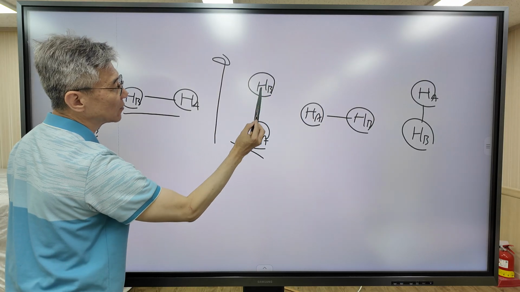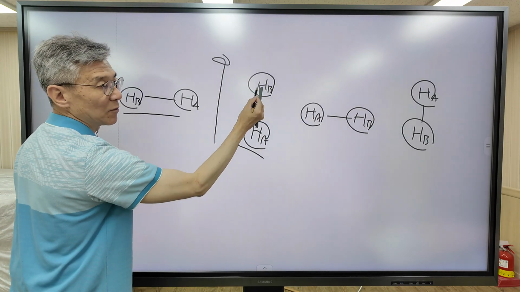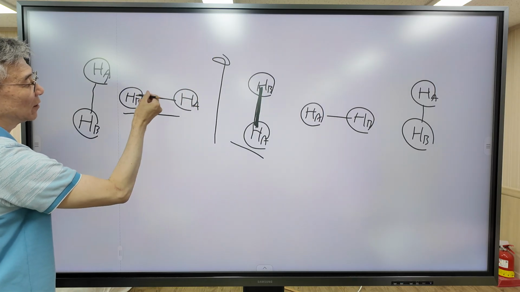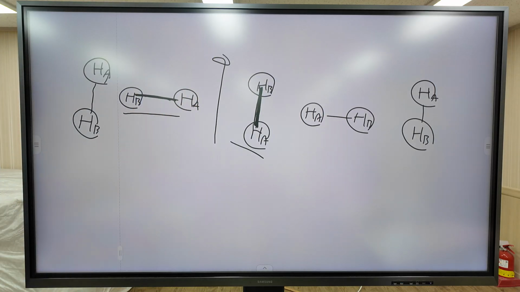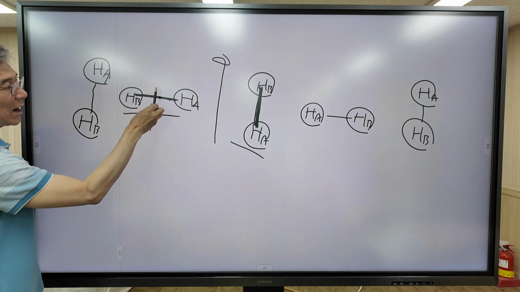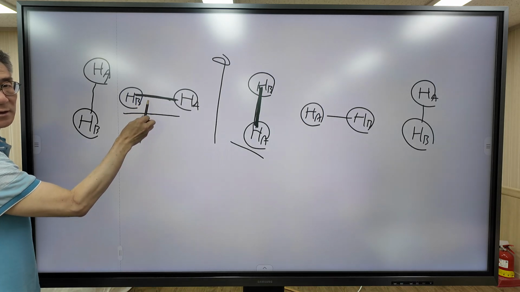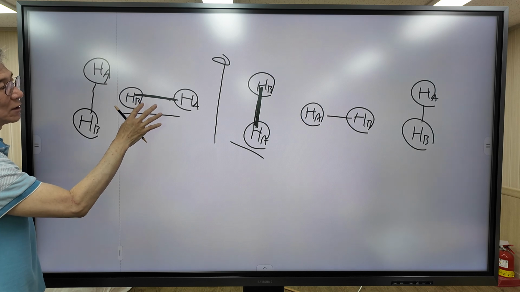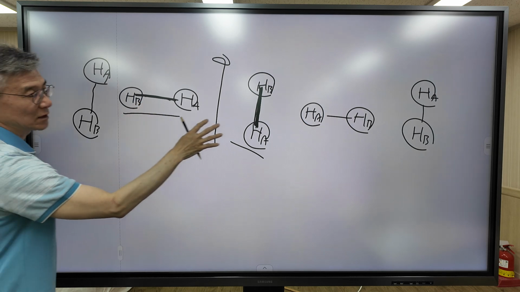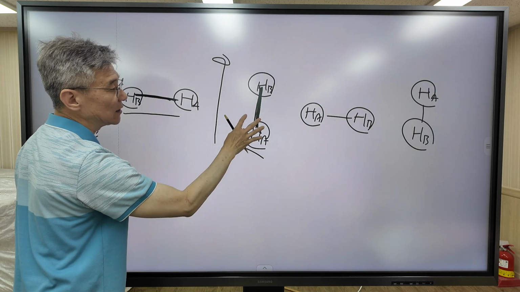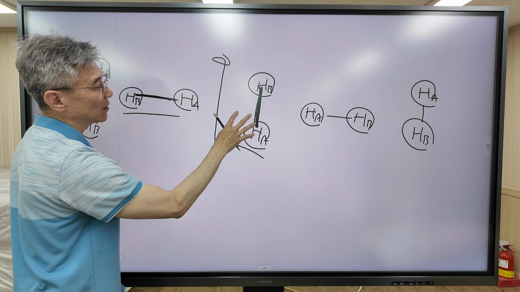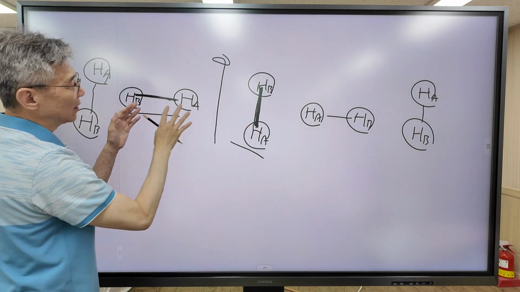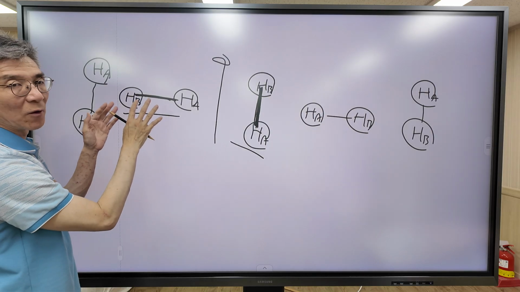But in this case, the applied field is perpendicular to the molecular axis, so electrons are harder to displace. The electron cloud is harder to distort here, and easily distorted in the other case. So polarizability is different: in this case it is large, and in this case it is small.